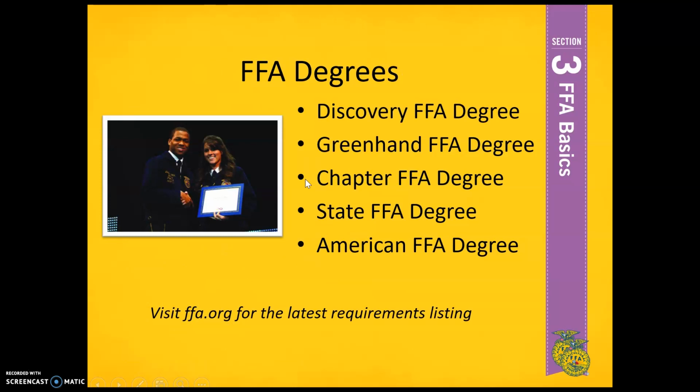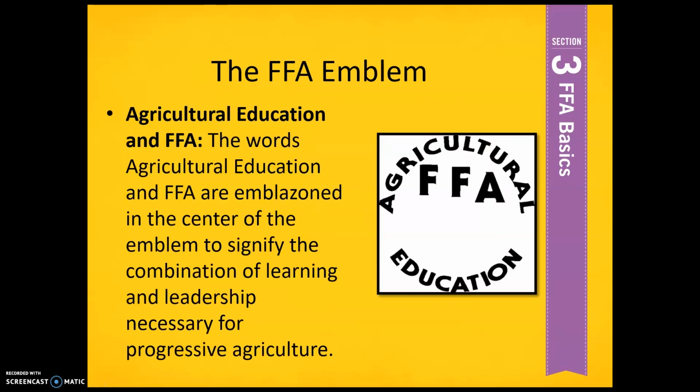Okay, we will stop there for right now. But what I want you to understand is that the FFA emblem is very important because it is the first thing people see about our organization many, many times. So that is why understanding the emblem and the components of that emblem are so very, very important.